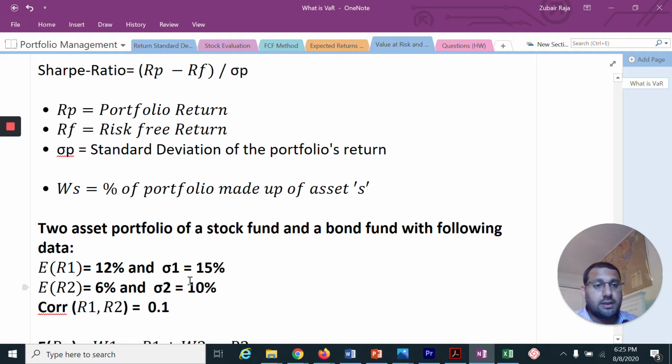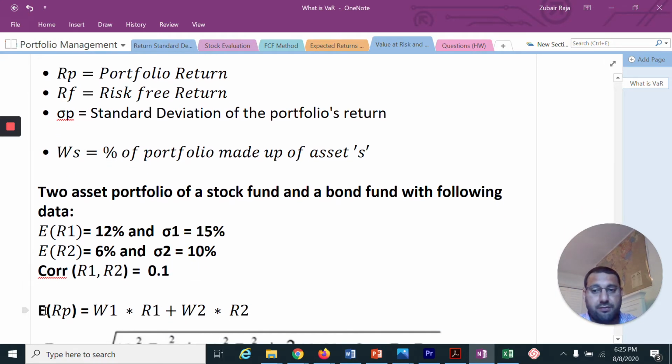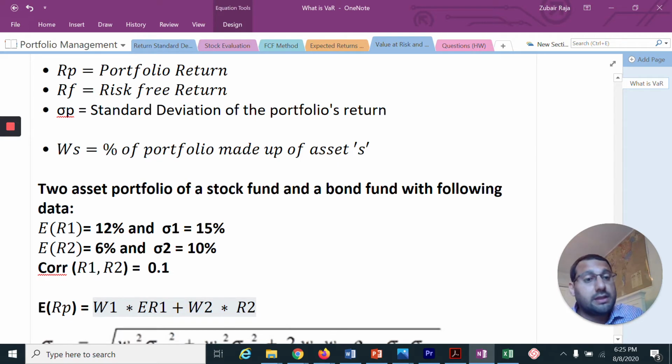We know that the expected return of the portfolio is simply the weighted average of the expected returns of all the assets present inside the portfolio. Over here we have two assets, so we are writing that it is the weighted average of the expected returns of the individual assets.